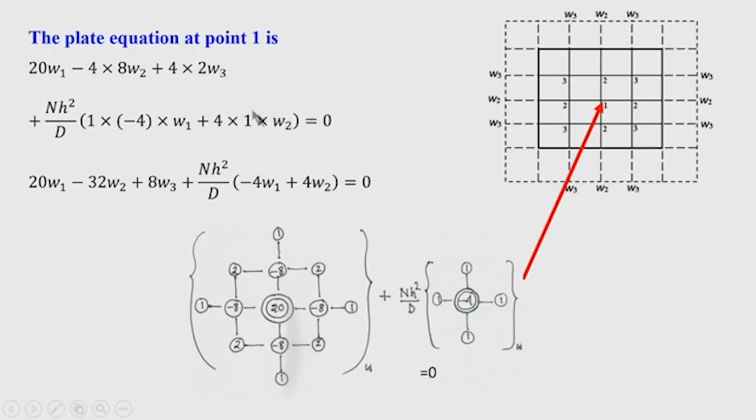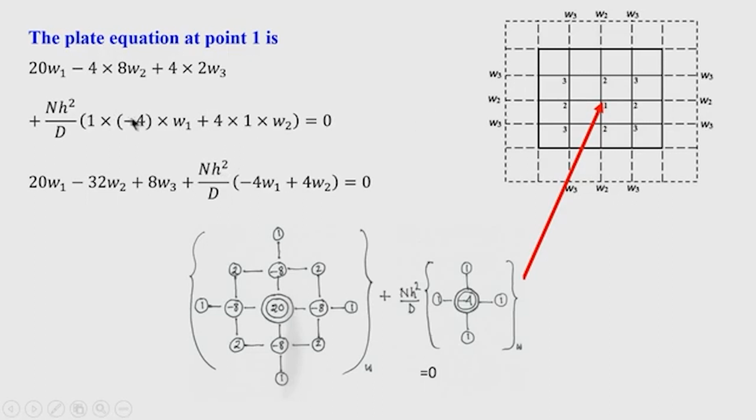So, 4, and the coefficient of this node is 2. Therefore, 4 into 2 W3 we have written for the plate, and the other nodes with coefficient 1, 1, 1, 1 fall on the boundary, so they are not appearing here. And the buckling part can now be written.